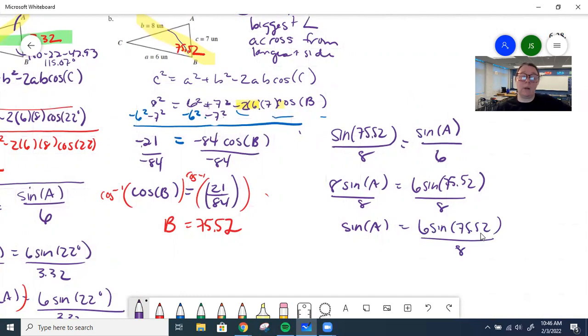And to get angle A, I would do the inverse sine of both sides. So I would just put that whole thing in my calculator all at once. Let me do that.